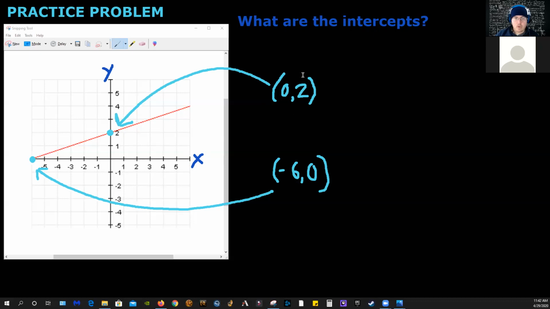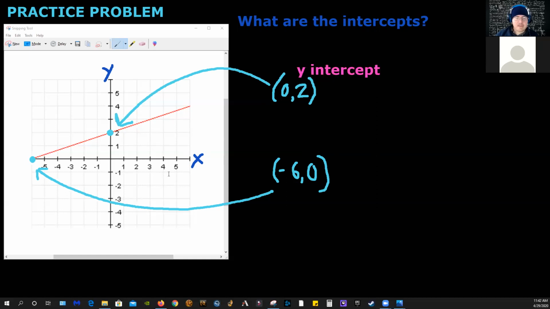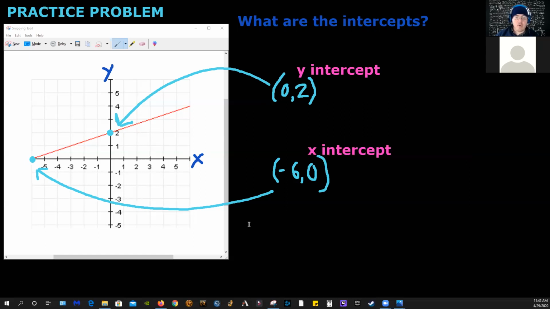Therefore, this one is your y-intercept. And since this one is on the x-axis, this one is your x-intercept. And like I said a moment ago, x-intercepts always have a y value of 0, and y-intercepts always have an x value of 0.